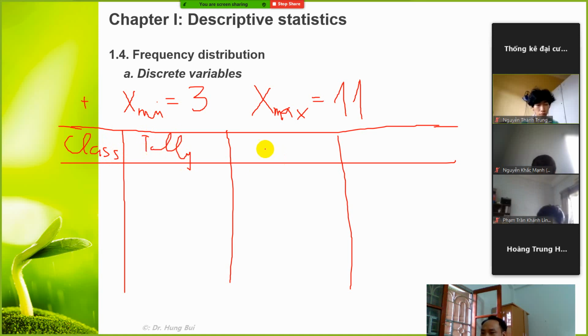Write down. The third one is fi, frequency. And the fourth one is relative frequency, big Fi, like that. Draw it, guys. Draw on the book. Class, tally. What does tally mean in Vietnamese?